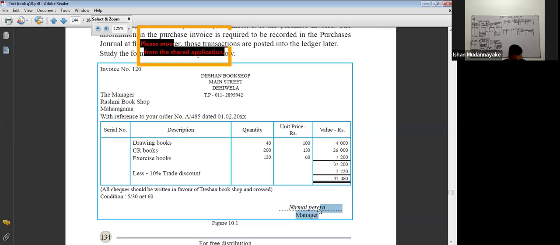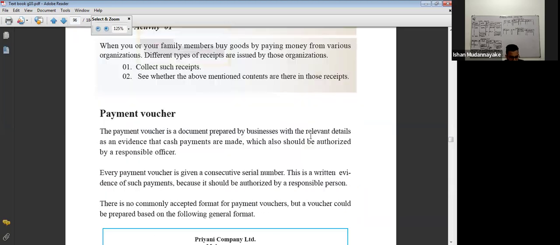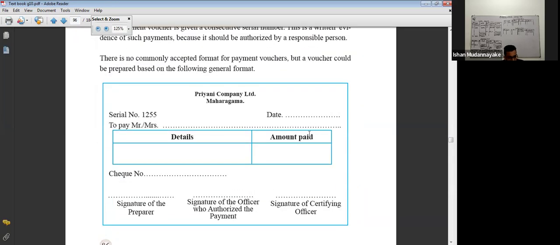Okay, right. And then another source document here. Go to page number 86. Payment voucher. Responsibility can be transferred to a few persons.